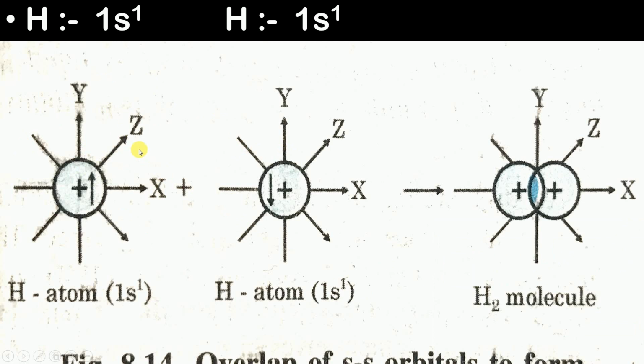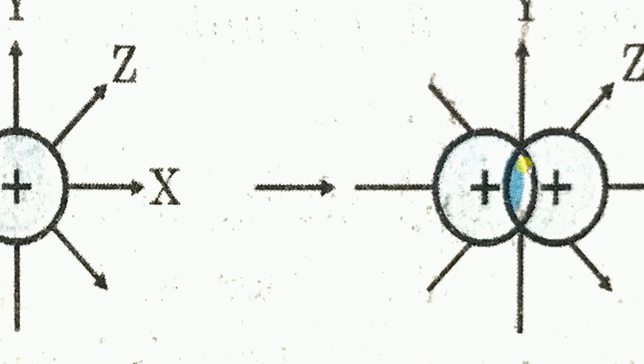Now what is going to happen is that during the formation of a covalent bond, the orbital of one hydrogen atom is going to overlap with the orbital of another hydrogen atom. As you can see over here, they both are overlapping with each other. And guys, can you see, there is an overlap taking place, and this overlap is called a covalent bond.